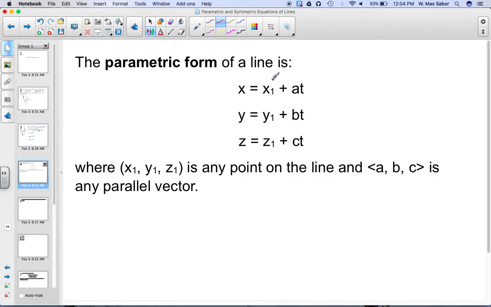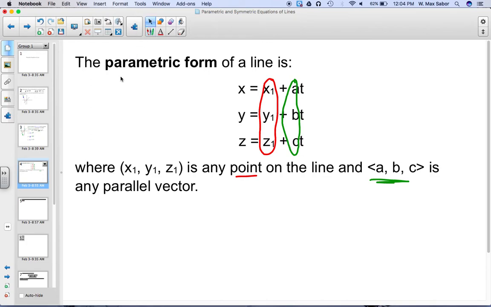So this is a point, and this, a, b, c, is a parallel vector. If you only write down one slide from the whole video, this is the slide to write down.